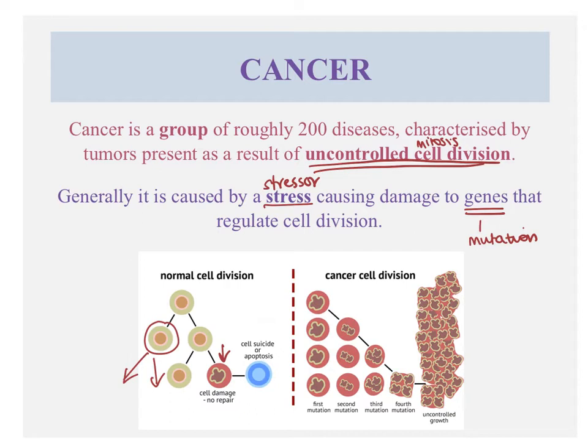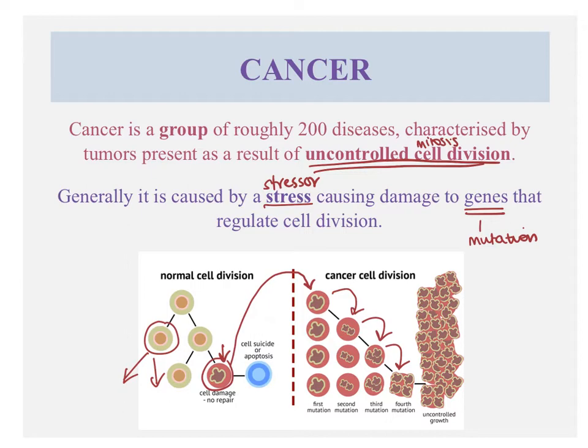Okay, so in cancer, this cell that was originally damaged doesn't die, and instead what happens is it divides. So it divides, and because it's got a mutation already, it means that it's more likely to pick up a mutation. Okay, and that happens a few times, and for some reason the body hasn't recognised that it's damaged.